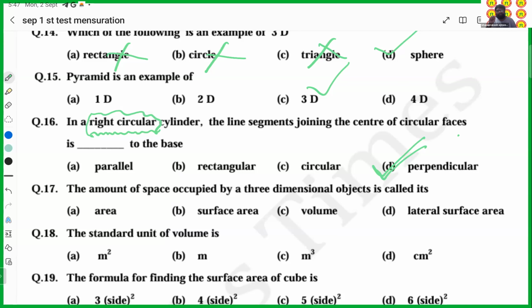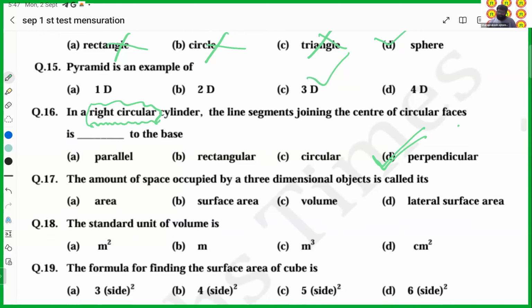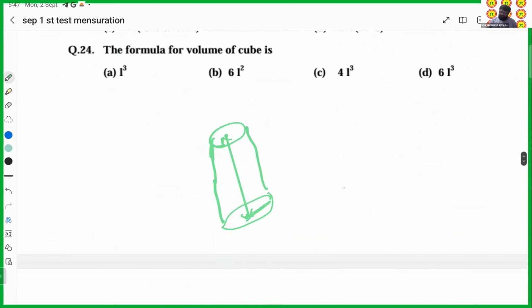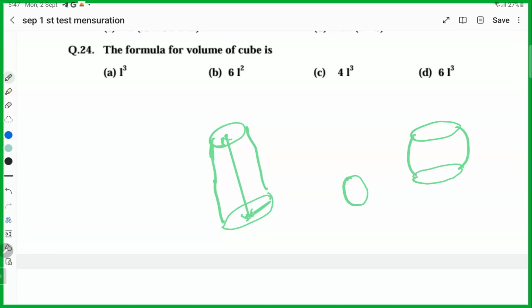Every right circular cylinder is a circular cylinder, but all circular cylinders are not right. Right means perpendicular. I can make a kind of cylinder where, if you see, there are some small cylinders which are oval shaped, like lamps and kettles.